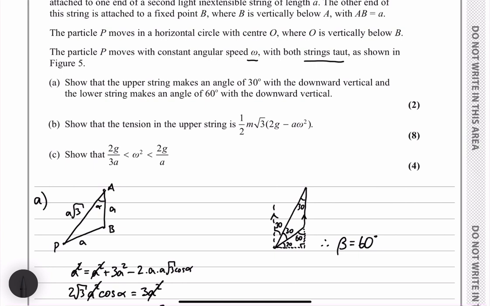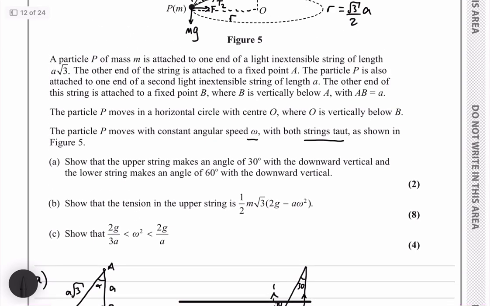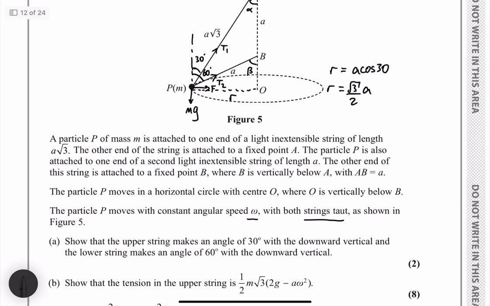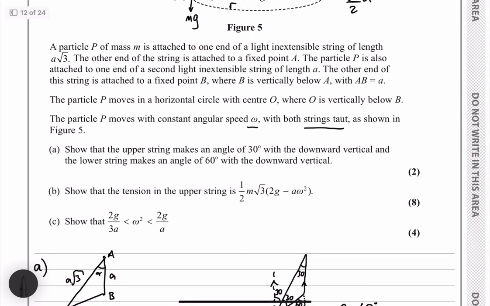Part C, show that omega squared must be between these two values. To do this, we are recognizing that both strings are taut, so T1 must be greater than 0, and T2 also must be greater than 0. That's where we're going to start with this question.